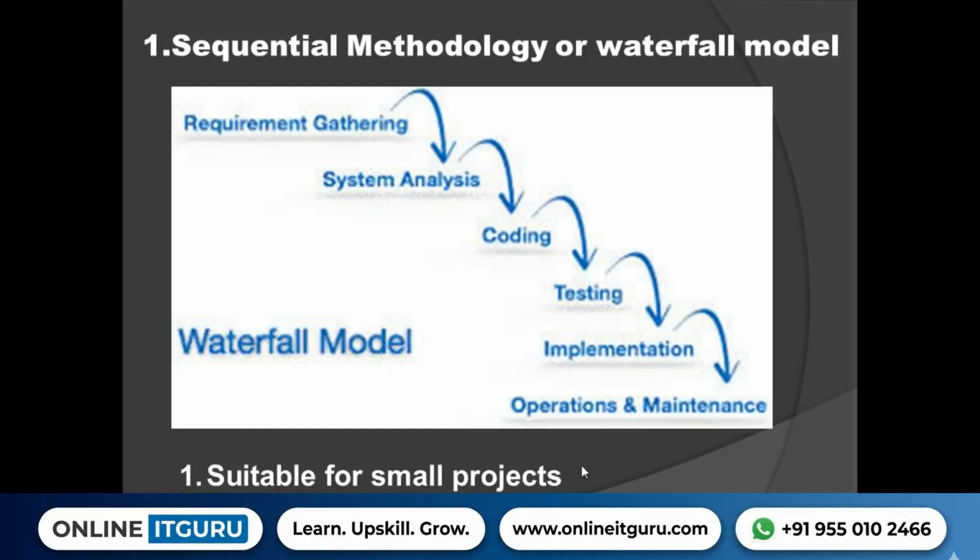Based on that review, again we will think whether to go for the third phase or what decision we can take. So after completion of each and every phase, there will be a review taking place. Based on the result of the review, we are going to decide. Okay. So in this way, in sequential methodology, the development goes phase wise.